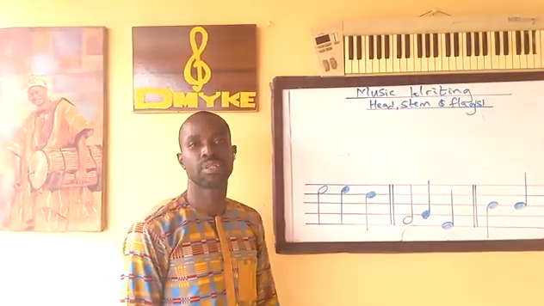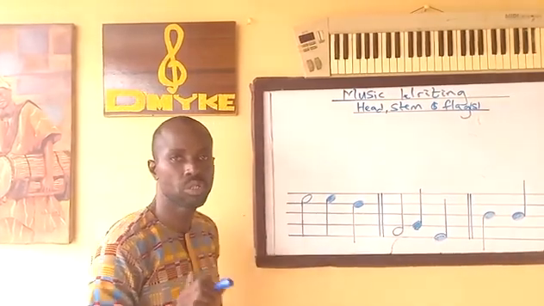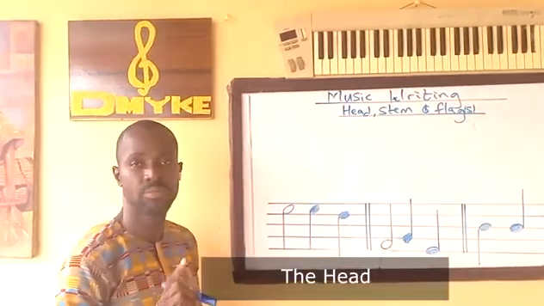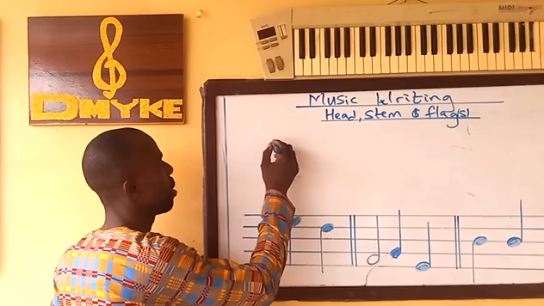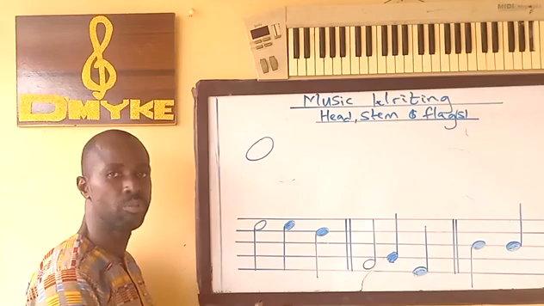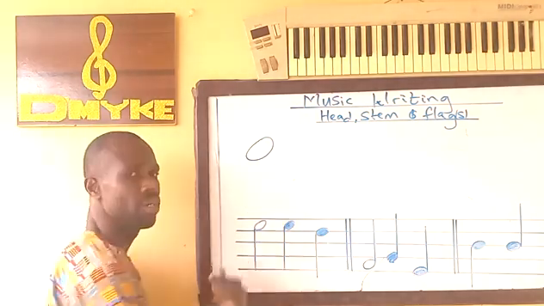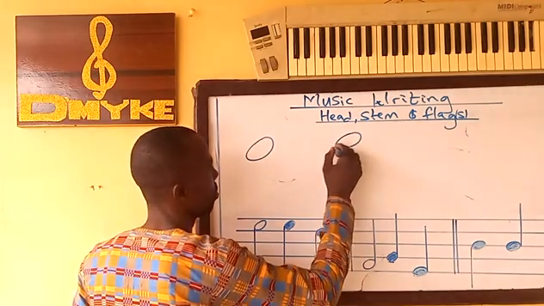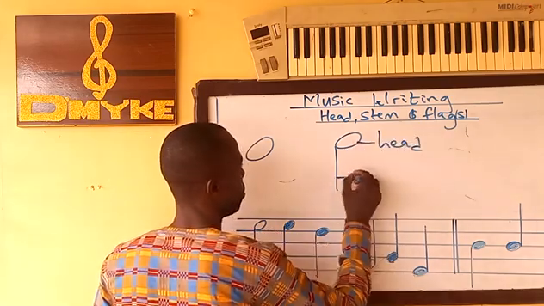Music writing. There are rules that govern music writing. So music notes can be labeled into three parts: the head, the stem, and the flags. Some notes have only a head, just like the whole note, semibreve. They are oval in shape, not circle, oval in shape. Some have a stem, like this. So this is the head, and this is the stem.